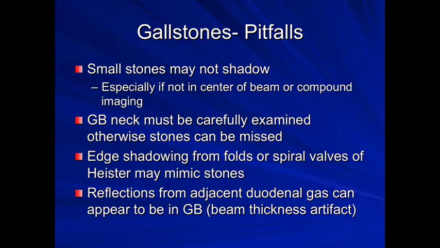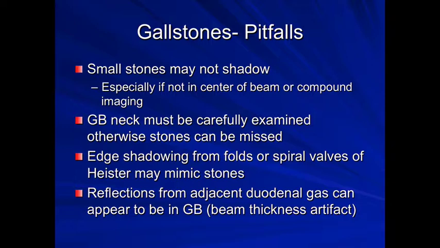When we're looking through the gallbladder, we must scan right the way down through the neck, because this is where stones are often missed. But when you do so, you have to make sure that any shadowing that you see is actually from a stone, and it's not edge shadowing due to a fold of where the neck and the body meet, or from the spiral valves of Heister.